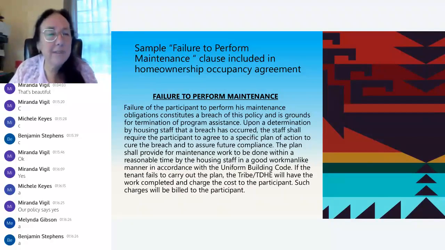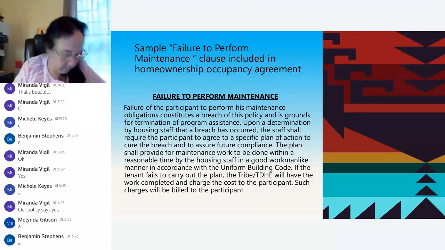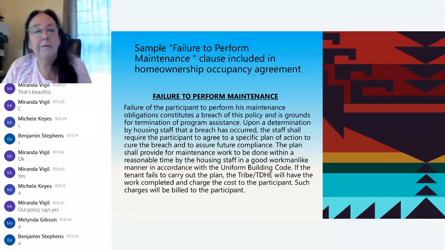So this is a sample failure to perform maintenance clause in a homeownership occupancy agreement. Failure to perform maintenance.